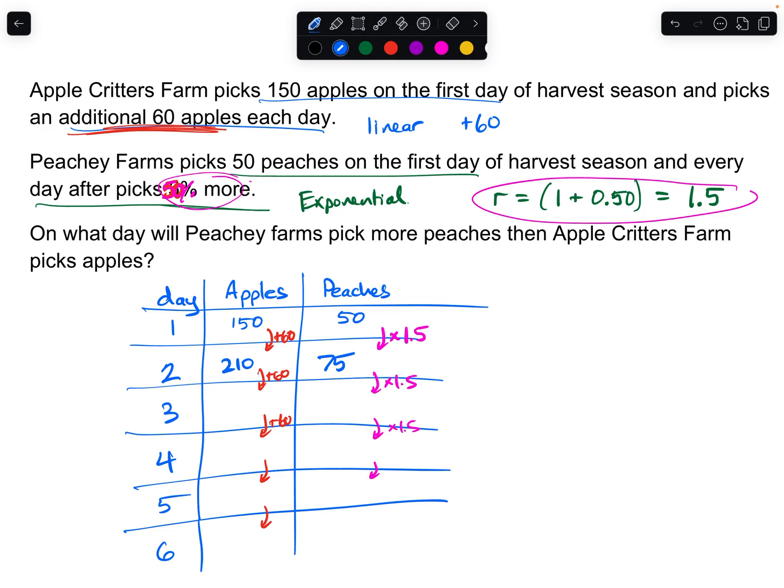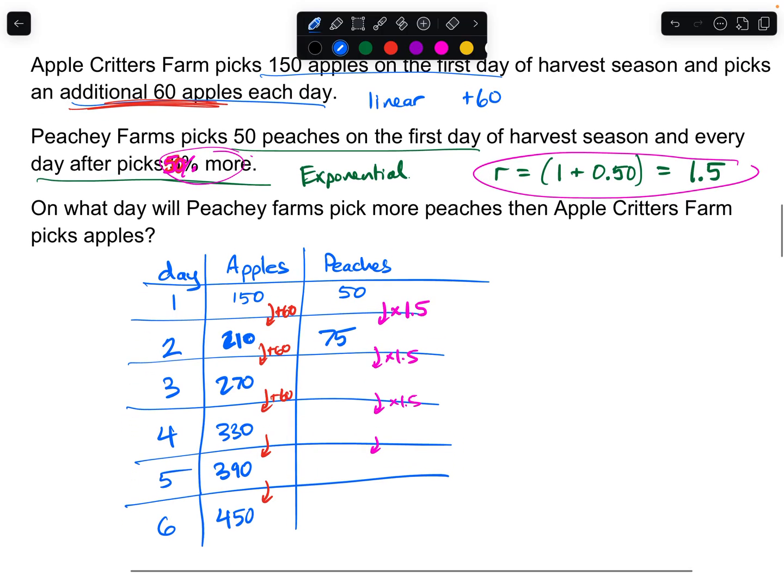So 210 plus 60 more means that on day 3, they will have 270 apples. If we add 60 more, we'll get 330. Add 60 more, we'll get 390 and 450.